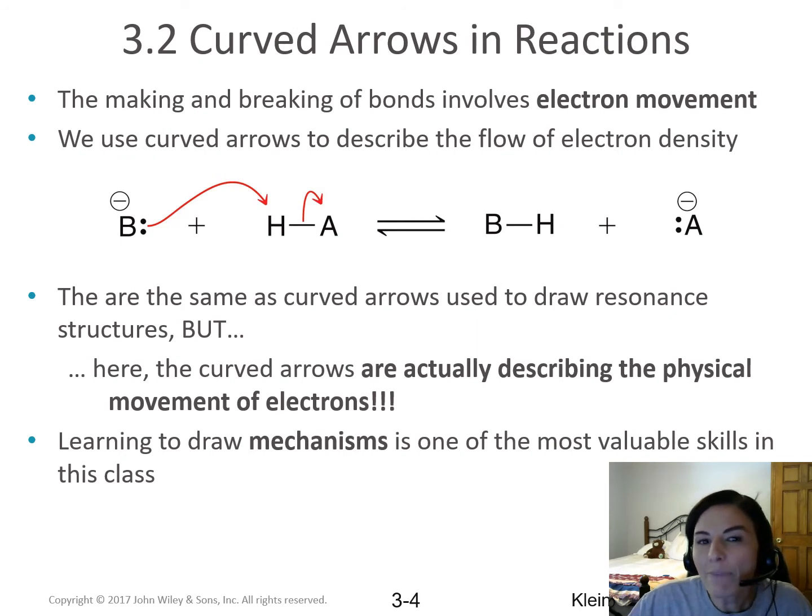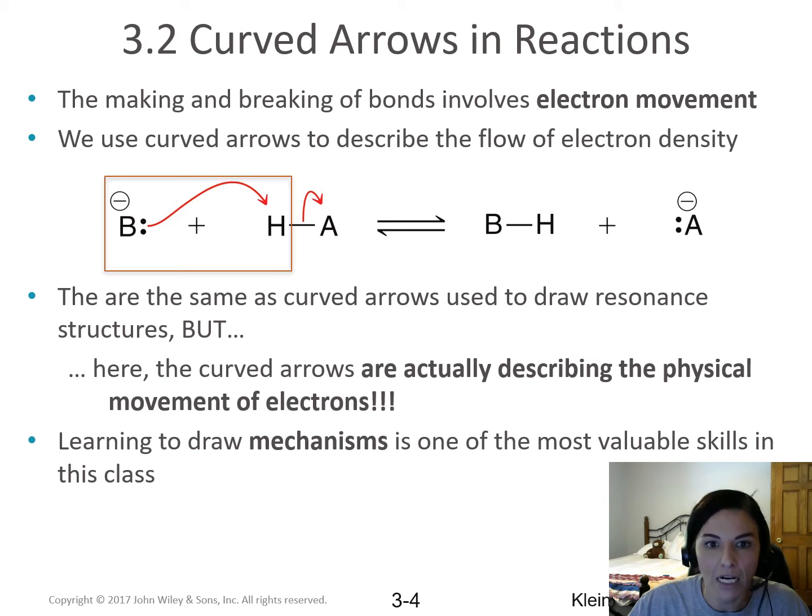The making and breaking of bonds involves electron movement. We use curved arrows once again to describe this flow of electron density. In acid-base reactions, electrons from a base take a proton from an acid. And we see that right here. The electrons from a base, usually a lone pair, take the proton from the acid.